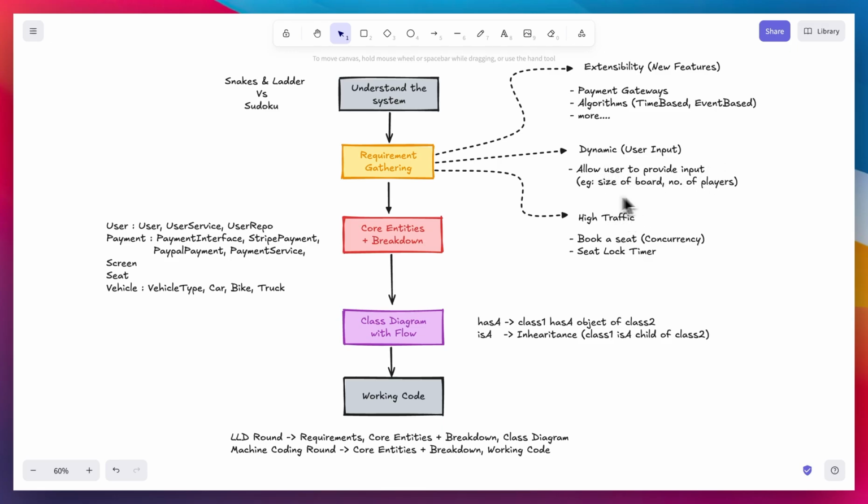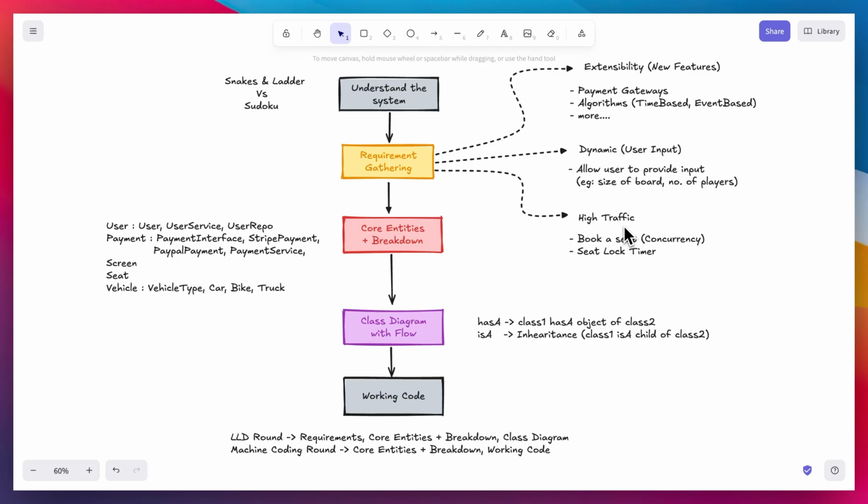All the requirements where the user will provide the input will go into this category. For example, let's say we are playing tic-tac-toe. Over there, we can ask the size of the board from the user. We can also ask the number of players from the user. So all those requirements will go under the dynamic category.